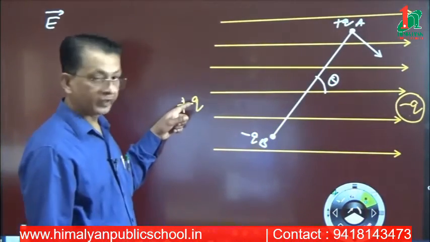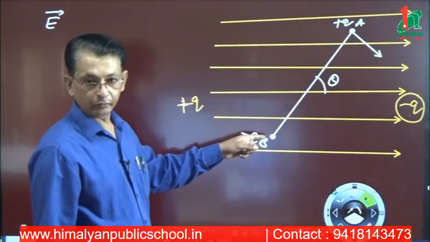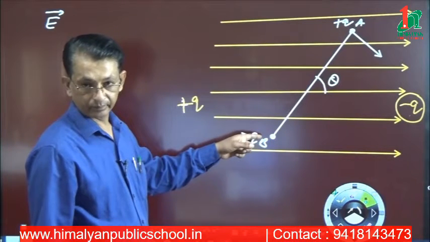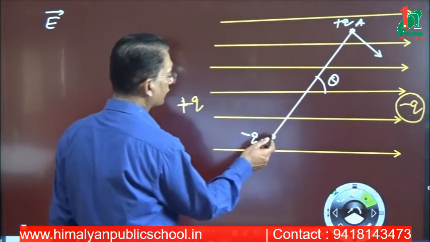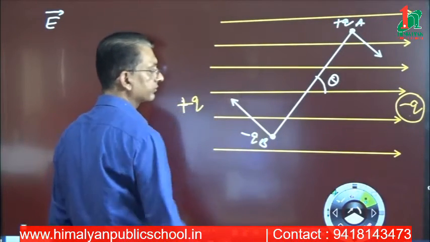And this plus Q will attract this minus Q, which is at B, so this minus Q will experience a force towards this side.